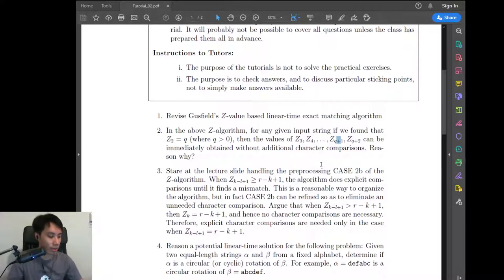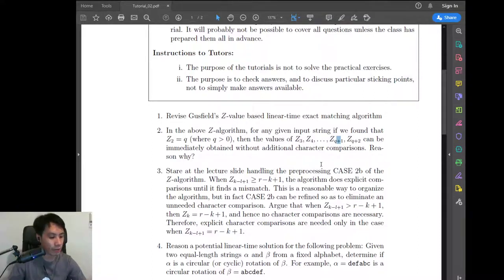And since Q plus Q is not the same as any other character, we automatically know the fifth character is also not the same as the third character, not the same as the second character, not the same as the first character, which means Z at Q plus Q equals 0. Right?